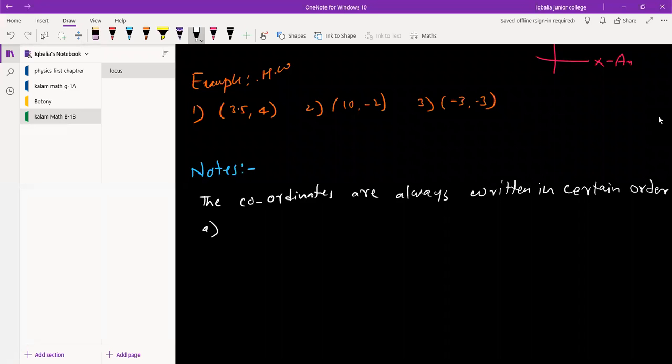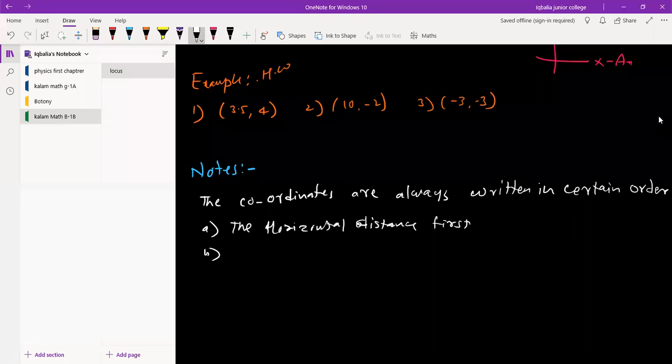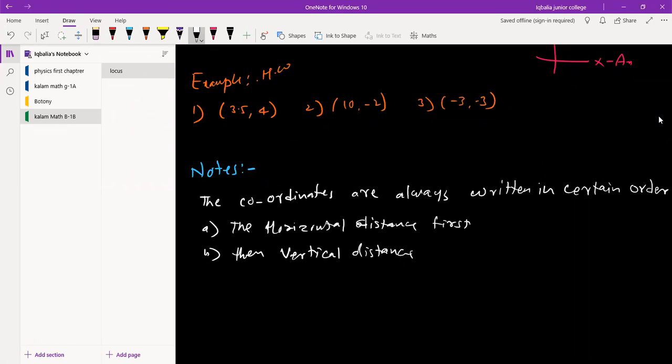First the horizontal distance, and then the vertical distance. Okay, this is called an ordered pair.